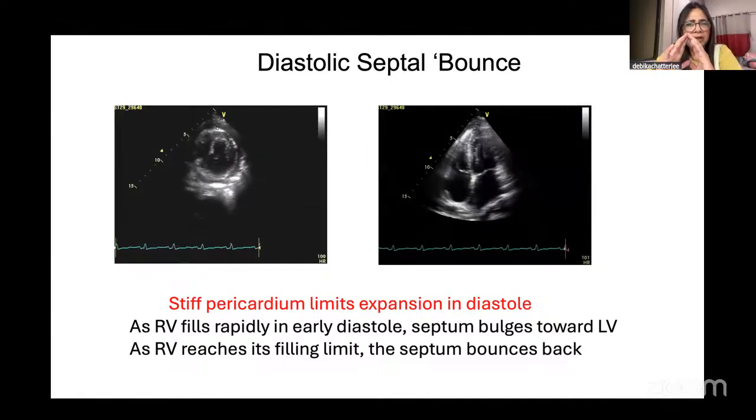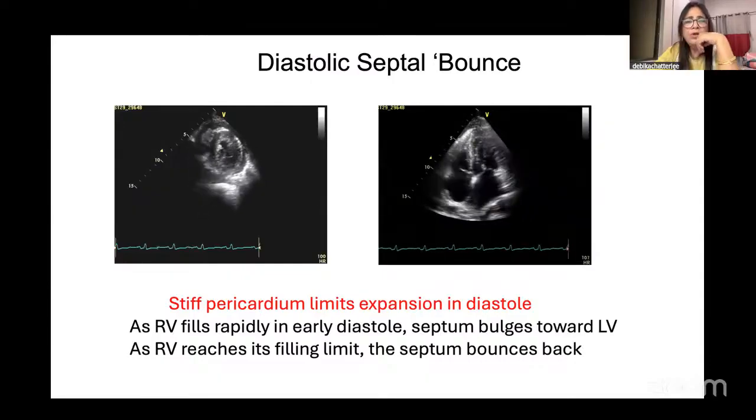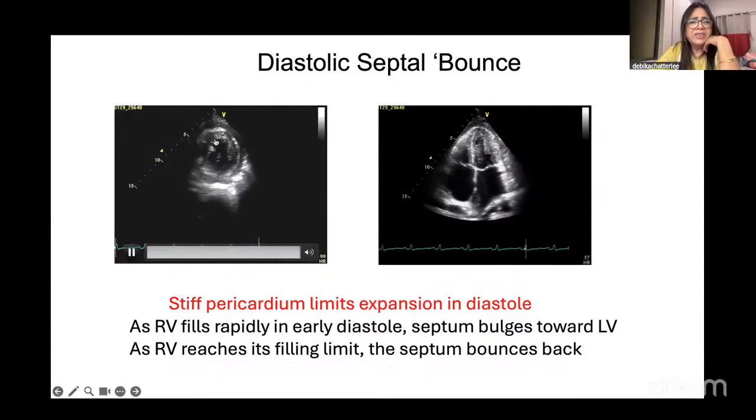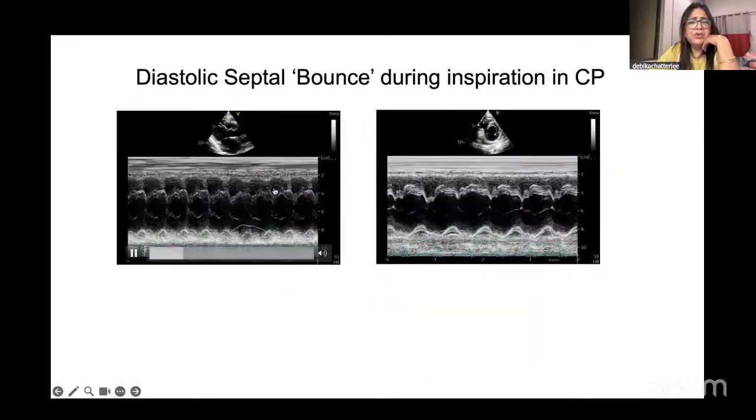The cemented pericardium doesn't allow it to receive further, and the septum in the middle shudders. So this is the sign which we get, as you can see here, in the short axis and also in the four chamber. And also we can appreciate it by doing M-mode.